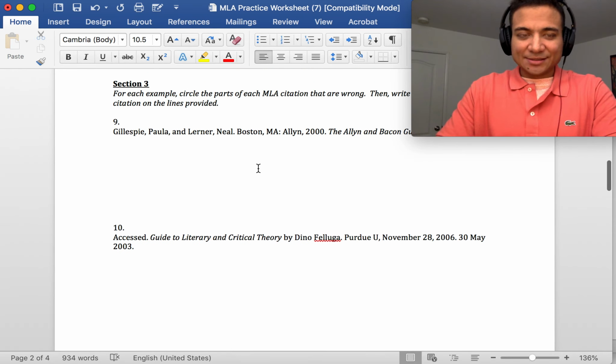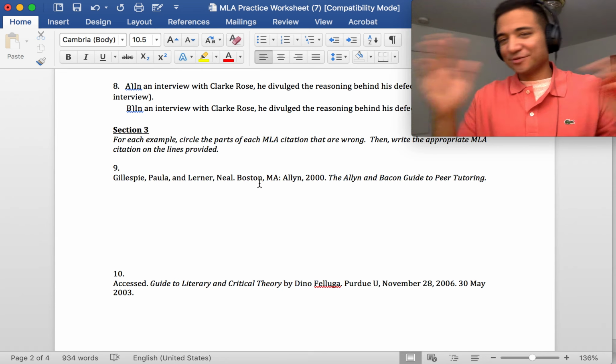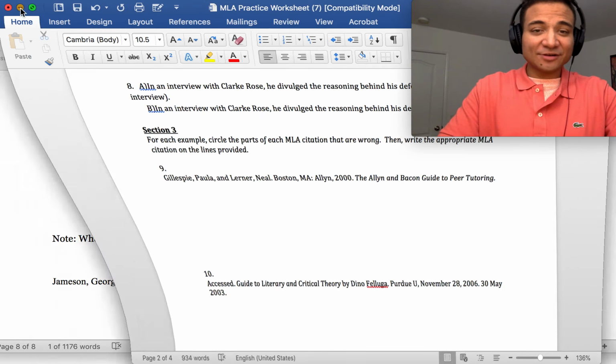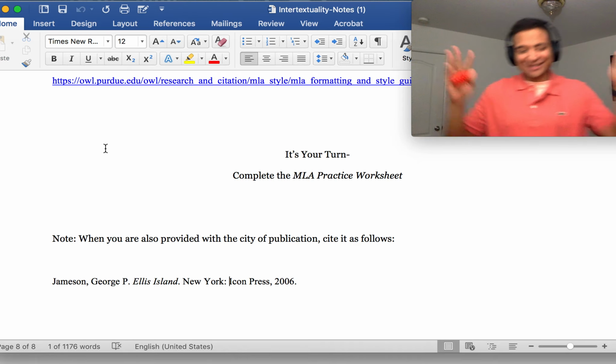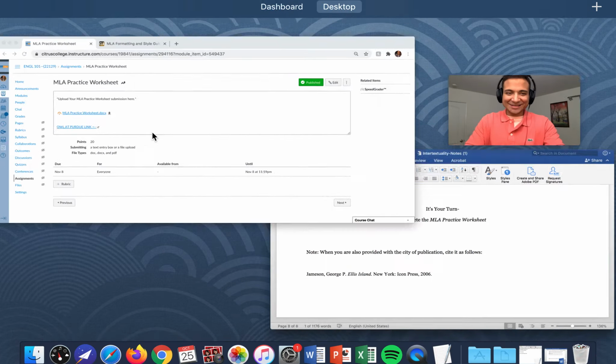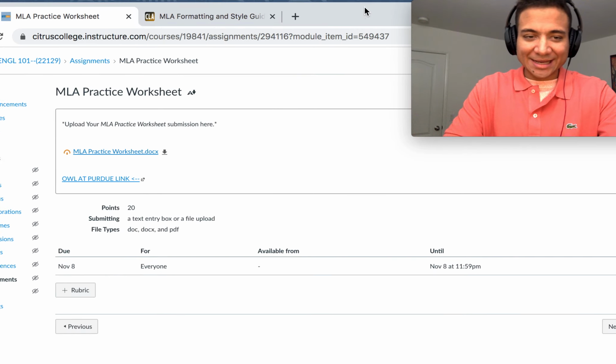All right, this is determining what is wrong and fixing it in terms of order. So listen, my friends, Works Cited can be tough if you really haven't had experience, but that's what we're doing. We're diving in and we're getting our feet wet. So that's the worksheet for this part of this week's homework.